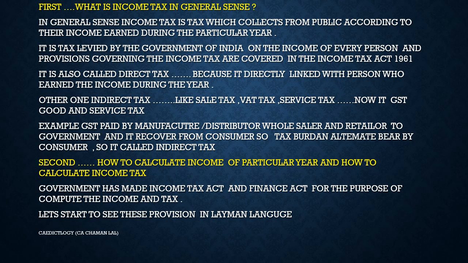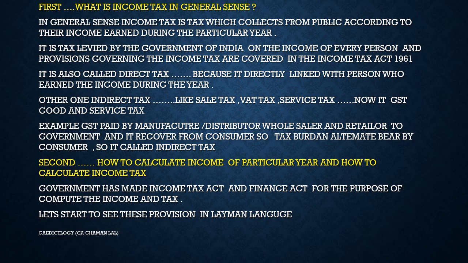There is another tax called indirect tax. For example, sales tax, VAT, service tax, now become Goods and Service Tax. This is called GST. Why is it called indirect tax? Because it is charged indirectly on the person.